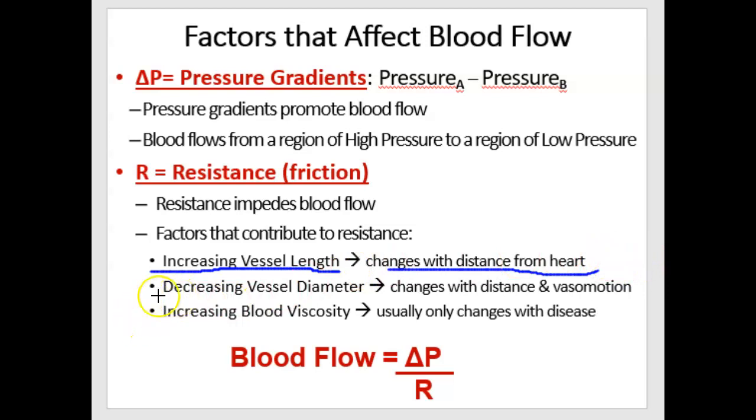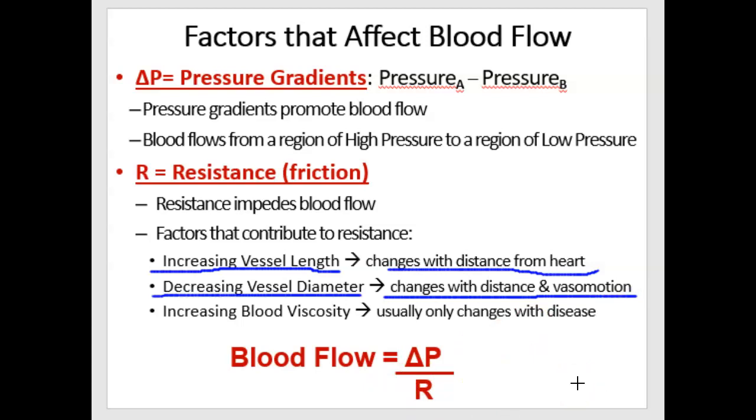Another factor that affects resistance is the diameter of the vessel. If you decrease the diameter of the vessel, then you're going to increase resistance. So the diameter of vessels changes as you move away from the heart.